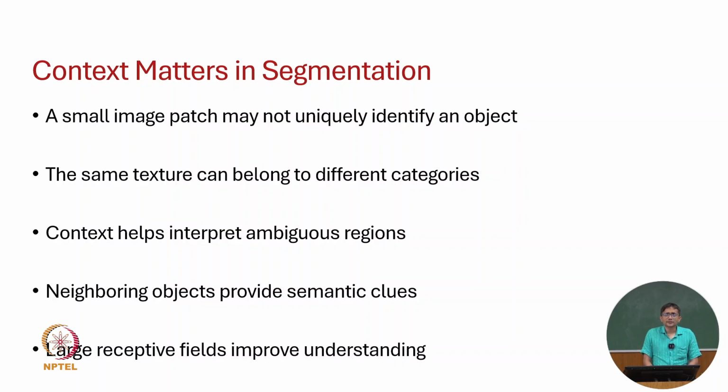Just because the color observed is green, and often the texture will also be similar, it could be a green turf in a hockey field. It could also be the green color of water in some water body.